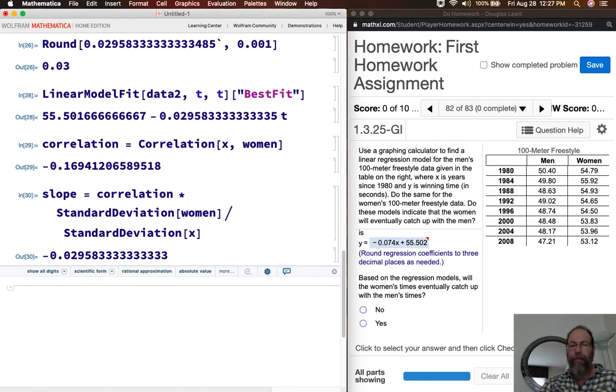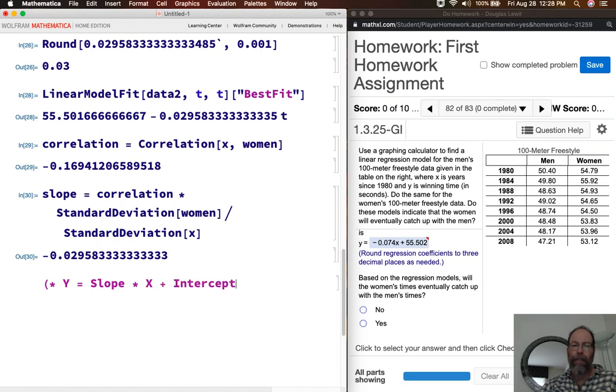And then if I have the equation, remember you have y is equal to the slope times x plus intercept. Okay, you guys remember that? So to figure out the intercept, intercept is equal to y minus the slope times x.